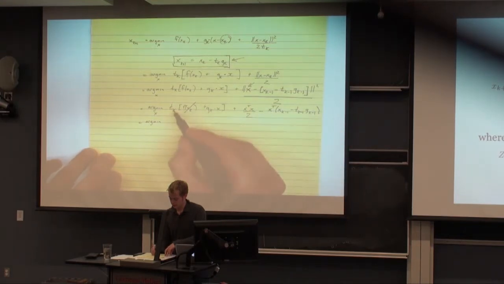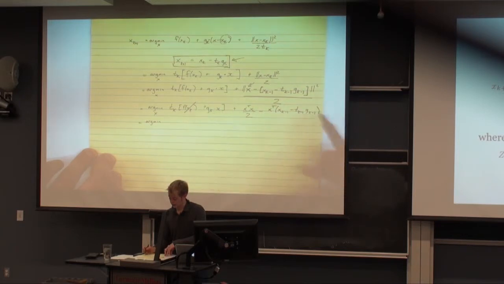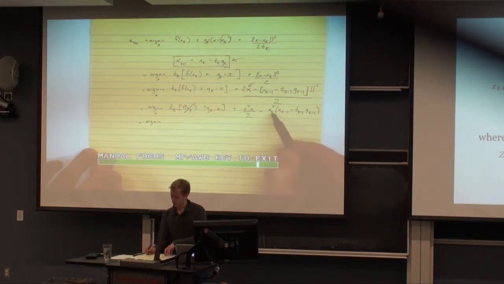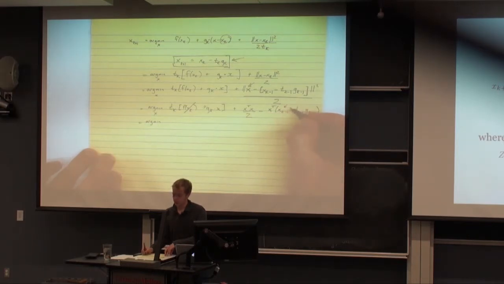So we have t_k times the kth gradient times x, and t_{k-1} times the gradient k minus 1 times x. Let's just assume that we started at 0, so this term is just going to be 0 at the end of the day. And then we'll have this quadratic regularization term, which has no t_k.